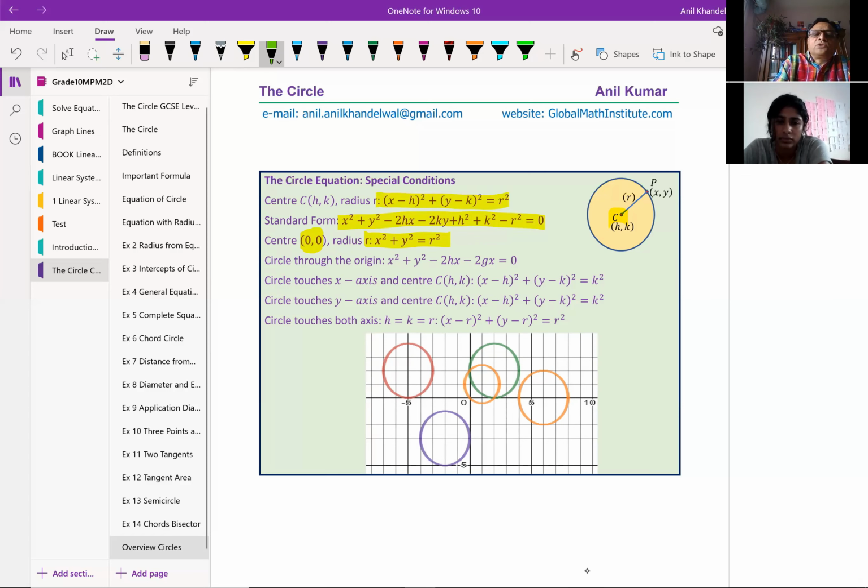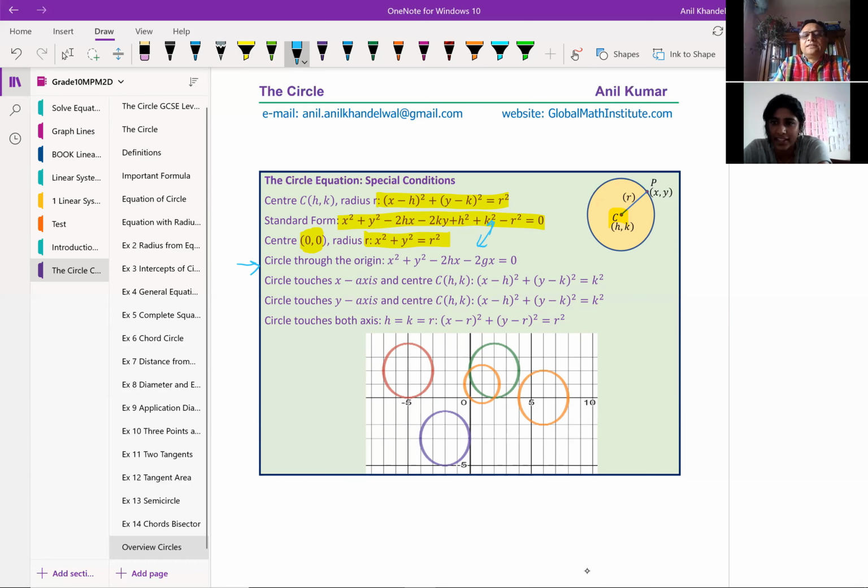So if the circle is through the origin, but we are using this complicated equation, the expanded form, in that case, the constant value is 0. If you compare with these two equations, and if the circle is through the origin, in that case, that constant, I should not say R, I should say that constant is 0.